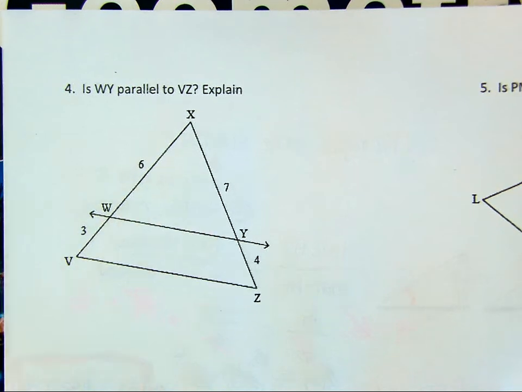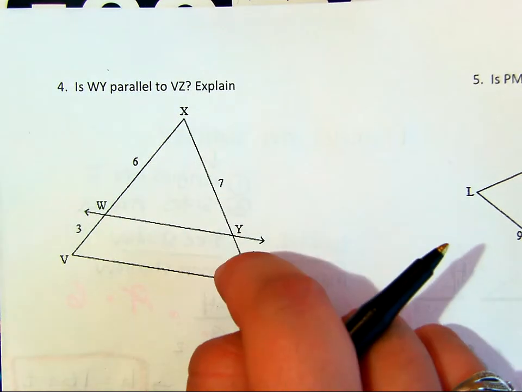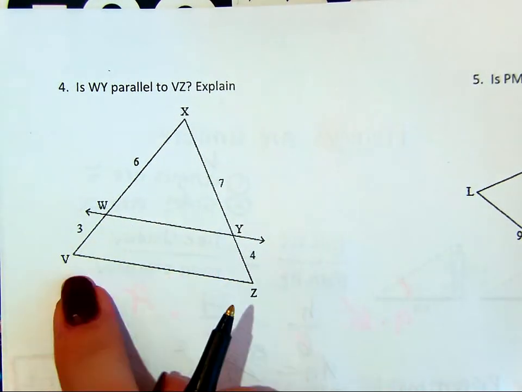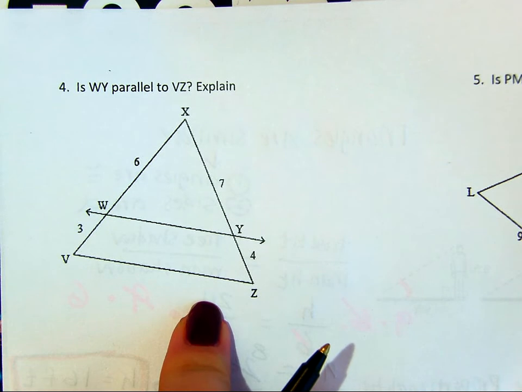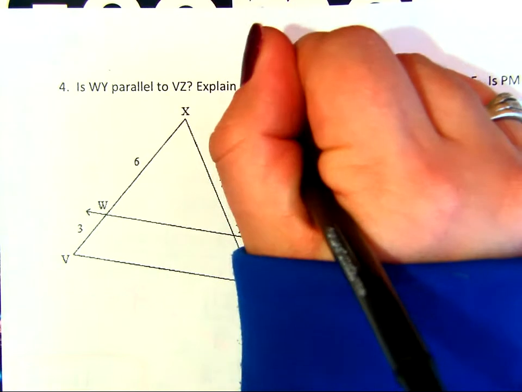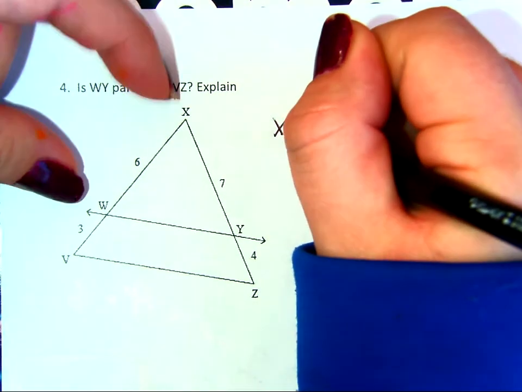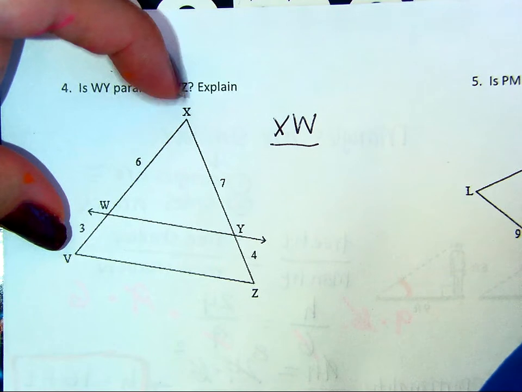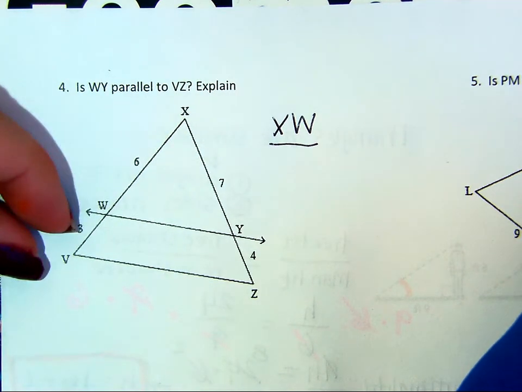Okay, so I have two triangles here, and the only way I can let you know if WY is parallel to VZ is by seeing if the proportions are congruent, if they're equal. So if I set up a proportion, I can set up XW over the whole thing, or use triangle proportionality theorem and just use this segment.